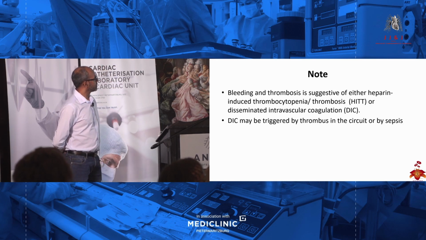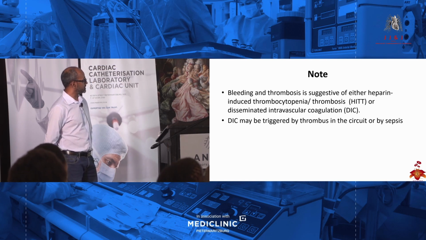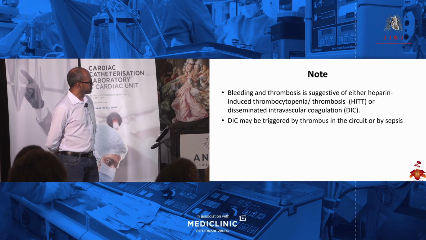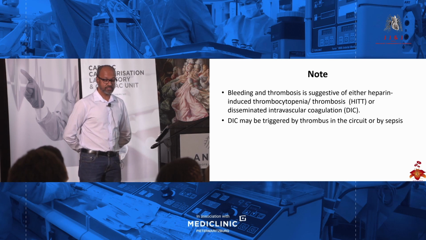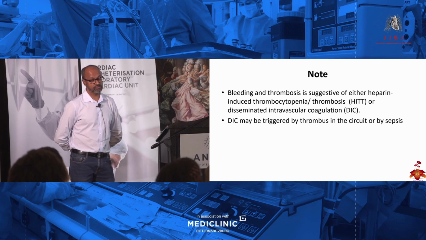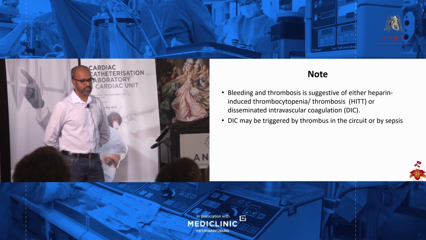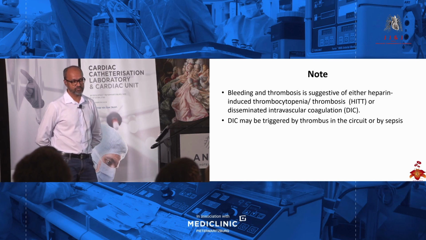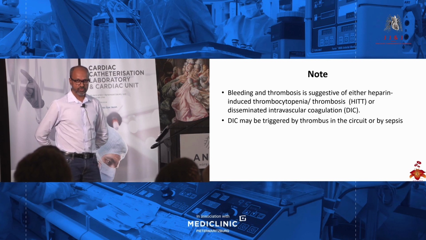Next slide. So bleeding and thrombus is suggestive of either heparin-induced thrombocytopenia, HIT, or DIC. DIC may be triggered, as I said, by thrombus in the circuit or sepsis. But with HIT, once we have a diagnosis, or if we use the 4 T's and say yes, this patient probably has HIT and the antibody level comes back positive on the HIT screen, then we can change our anticoagulant.